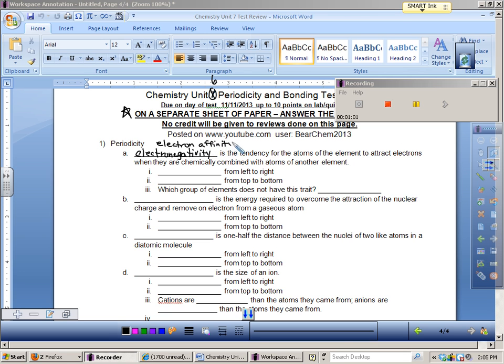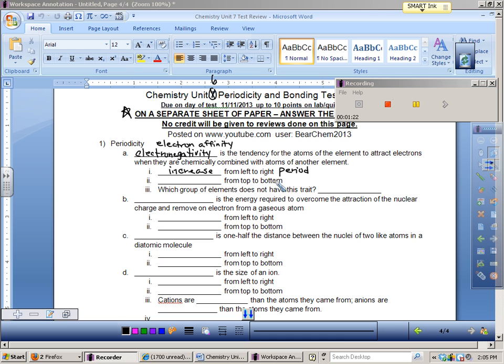So either term can be used to talk about the tendency for atoms to want electrons. If we look at the trend, if we're going left to right, this is going to be a period trend. Remember, periods are the horizontal rows, and this will be increase. So we will have an increase as we go from left to right.